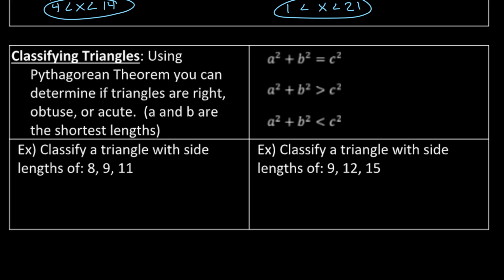All you have to do is plug those numbers into the Pythagorean theorem. So if you plug 3 numbers into the Pythagorean theorem, a squared plus b squared equals c squared, and your a squared plus b squared is equal to your c squared, what type of triangle do you think this is going to be? Right, acute, or obtuse?